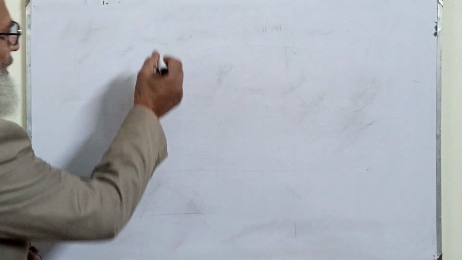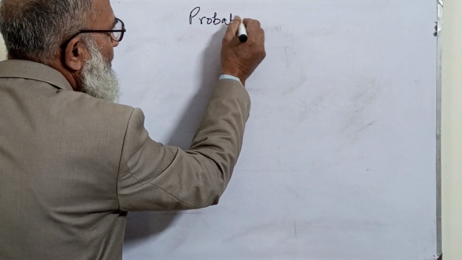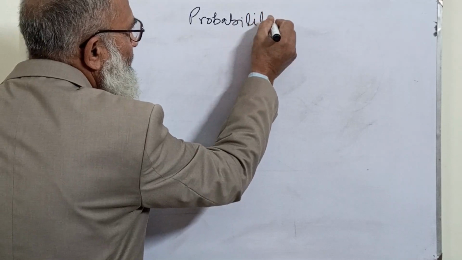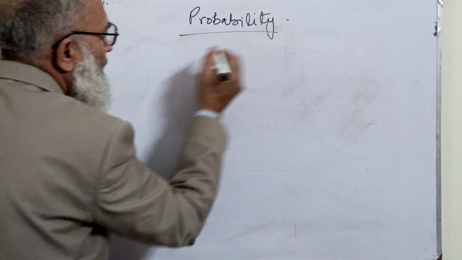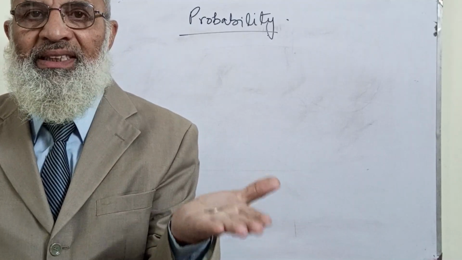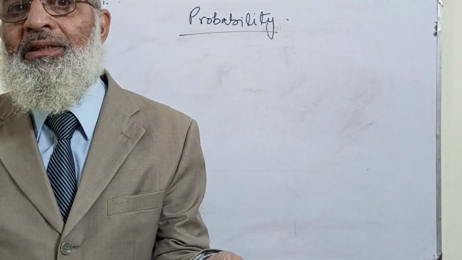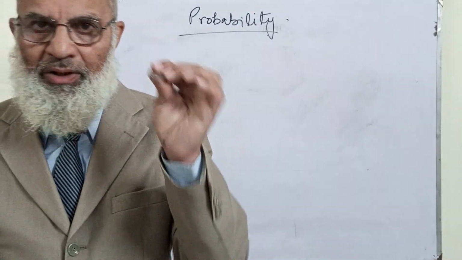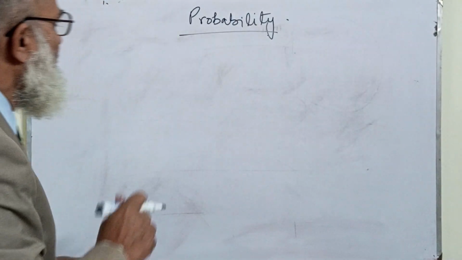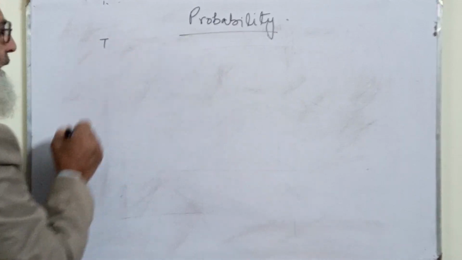So if I write T over here, now let me write the probability and the outcome. What was the outcome? This is called the outcome of the event. The event is the tossing of the coin, and my first outcome was tail.